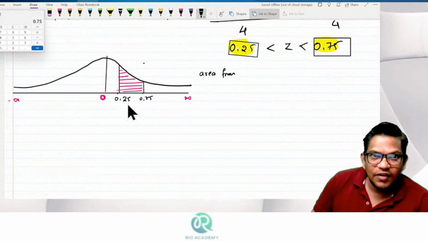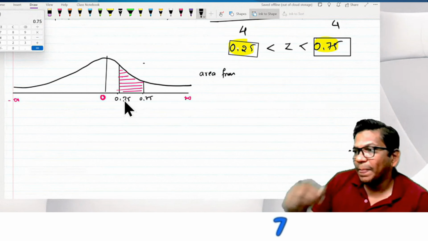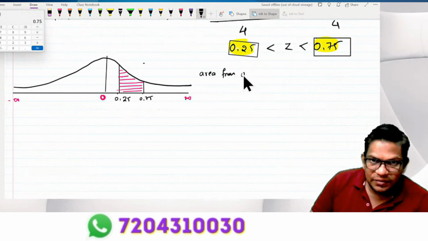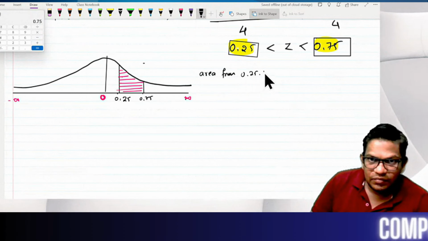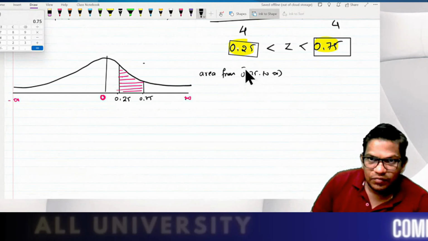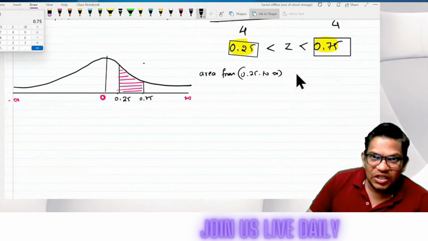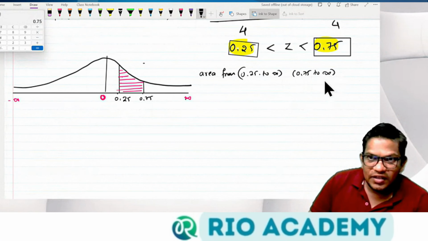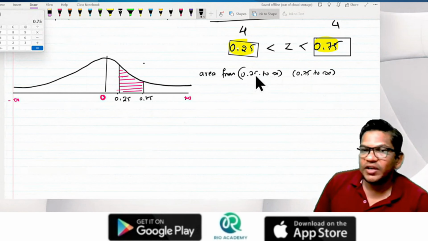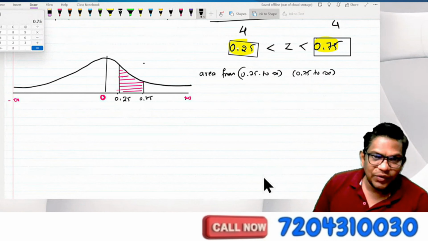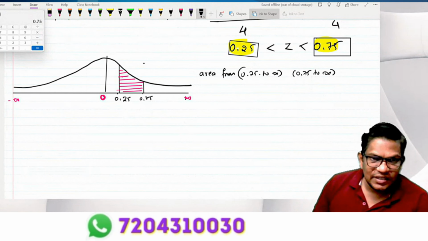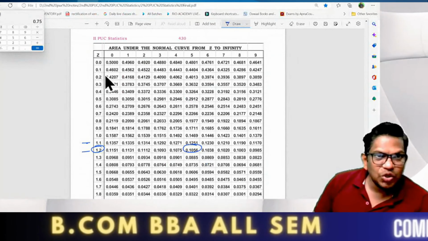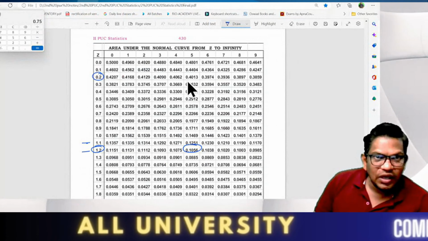Area from 0.25 to infinity. Correct? From this to positive infinity. Similarly, 0.75 to infinity. Got it? Now 0.25 to infinity, what is the area we have? 0.2 and here we have 5.